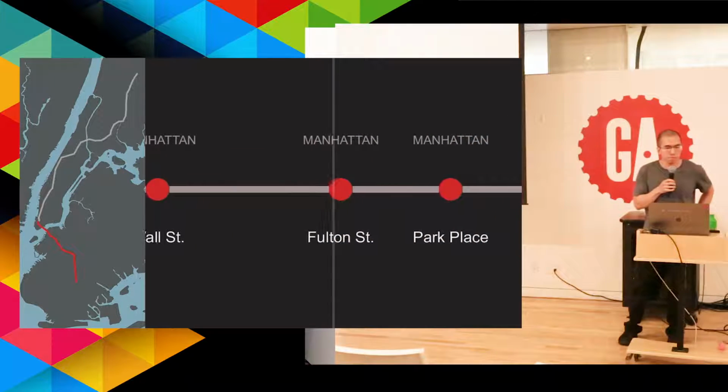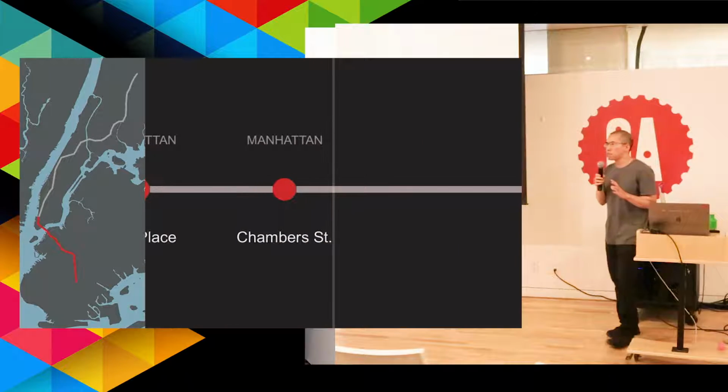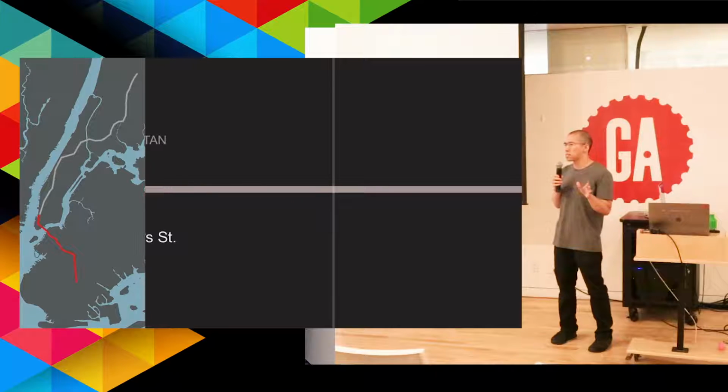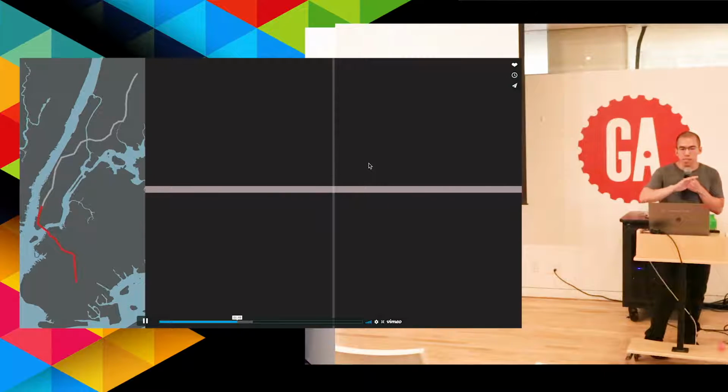Just Wall Street. So here we're talking about over $250,000 median household income. And it slowly gets quieter as you get uptown.